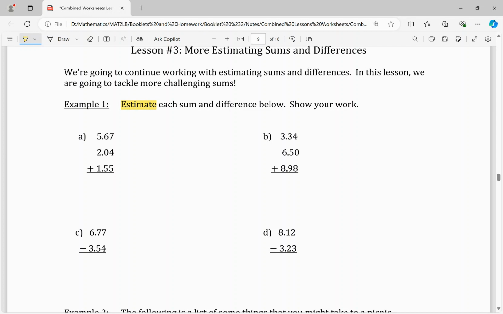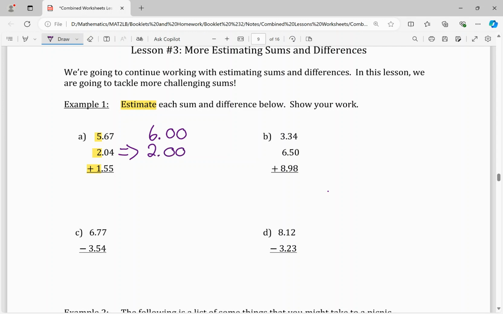First thing that we need to do is we need to round each of these 3 numbers. Remember, we're rounding the number farthest to the left. So our first number, 5.67, that 5 is going to round up to a 6. Our second number, 2.04, that 2 is going to round down, so it's going to stay as a 2.